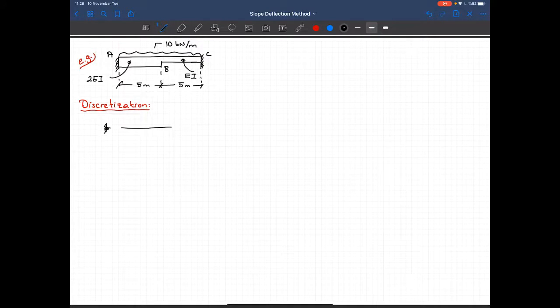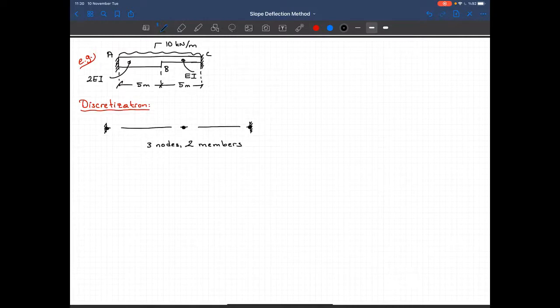At B, there's a discontinuity. So I have to define a node, right? Because the moment of inertia, the section properties, change at B. And I have another continuous member at BC. And there's a node at C. So in this structure, I got 3 nodes and 2 members.